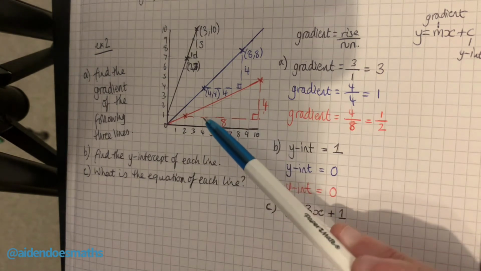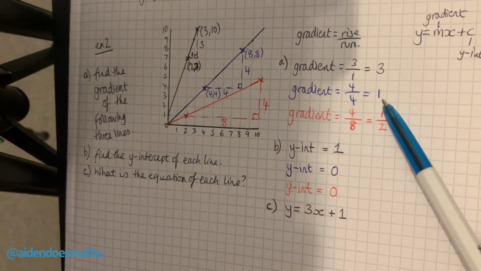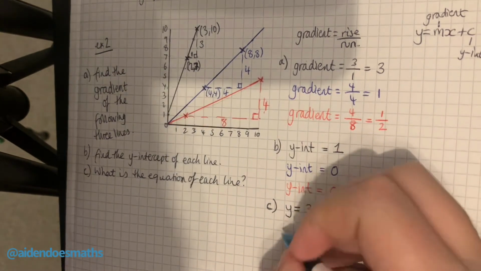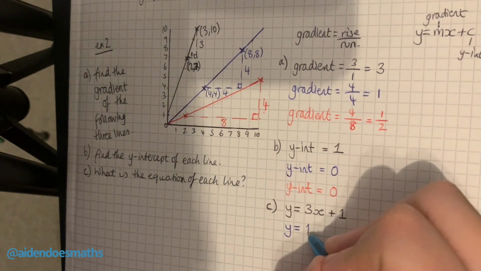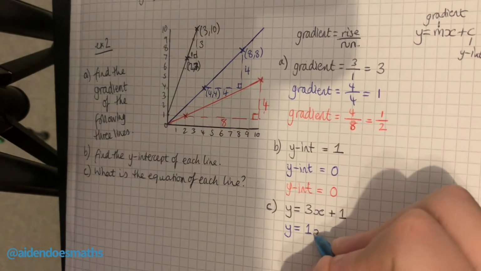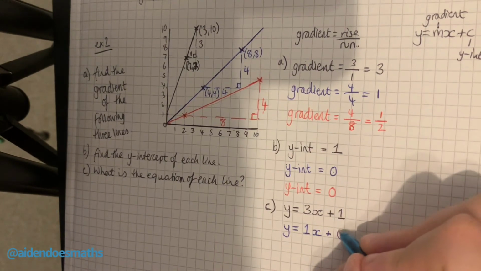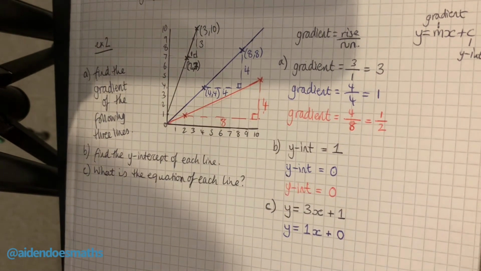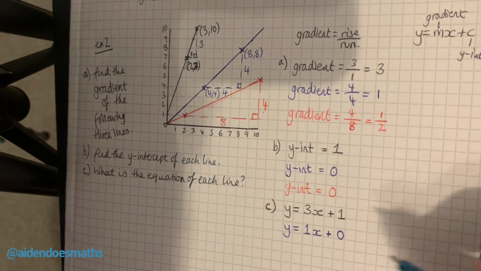Okay, the second one for part C is our blue line here, a gradient of 1, a y-intercept of 0. So y equals, and our gradient was 1. So instead of m, we're going to put 1, keep our x, and then plus our y-intercept 0. Now actually that is correct, but we can make that a lot neater, probably more mathematically accurate as well.